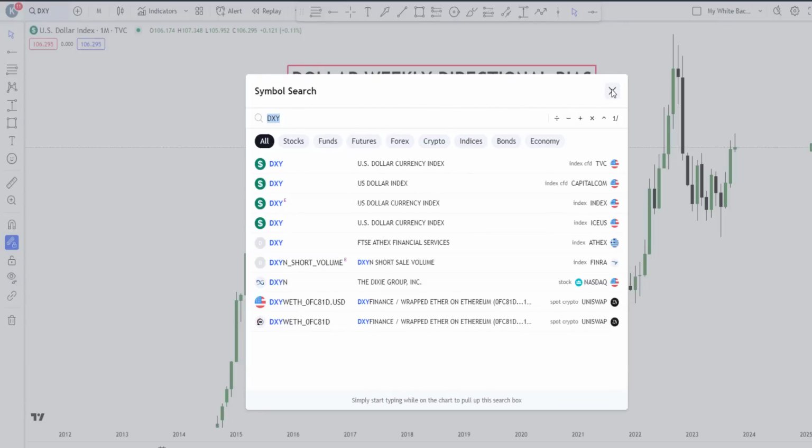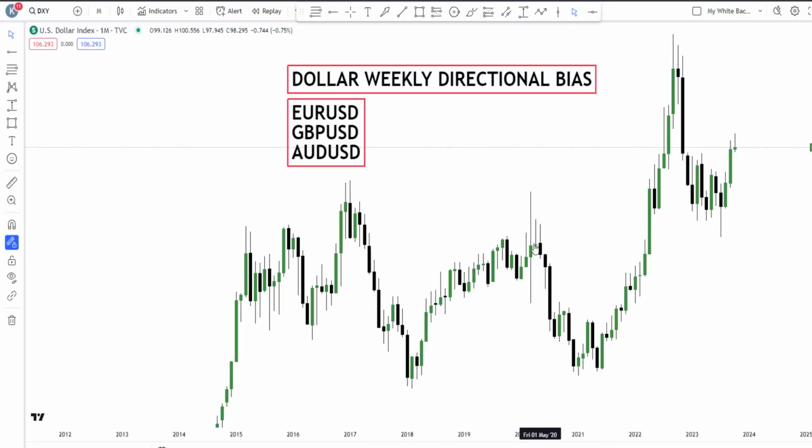So once you found this particular asset, if you see this asset going up, it means every other foreign currency that is paired with the United States dollar. Look at this. You see EURUSD, GBPUSD, AUDUSD. You can see they have something in common, and that is the United States dollar at the right hand side.